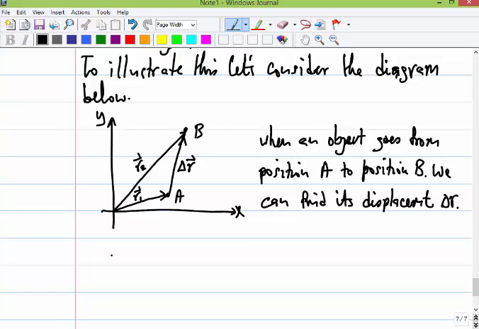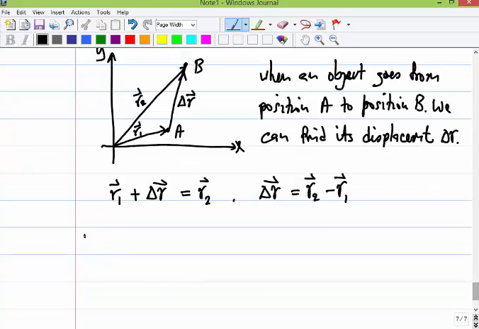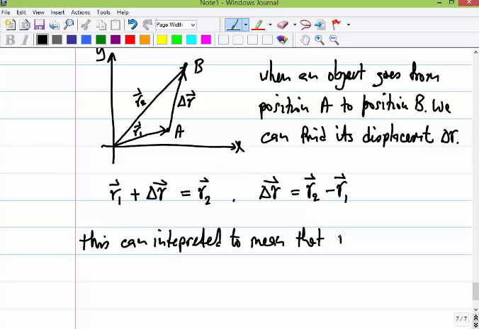So if you look at the object's motion, it goes from R1 plus delta R and ends up at R2. So we can say that delta R, which is the displacement of the object, is equal to R2 minus R1. This can be interpreted to mean that R2 is final position and R1 is initial position.